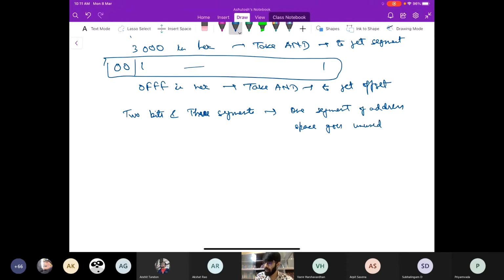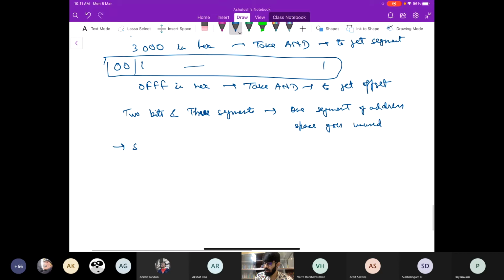And to solve this, what some OSs do is use just 1 bit and divide the logical address space into just two parts: 0 for code and heap, so code and heap are together, and 1 for the stack.